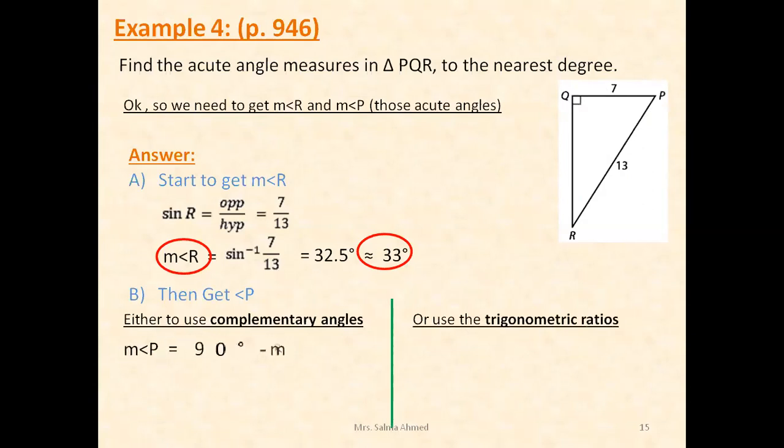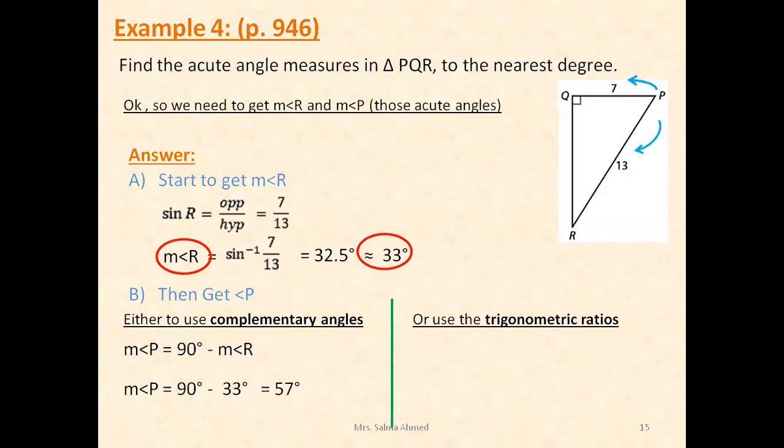If I use the complementary angle, the measure of angle P is equal to 90 minus the measure of angle R, because P and R are complementary angles. I have the measure of angle R from the previous step. So it will be 90 minus 33, which gives me 57.